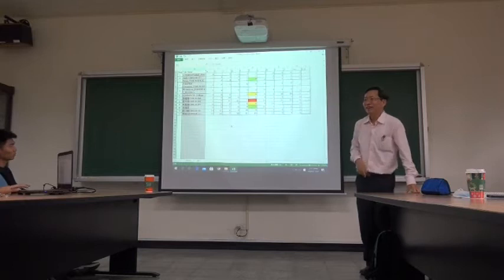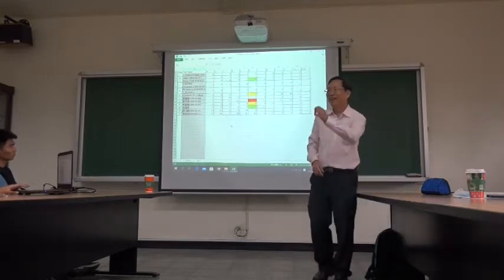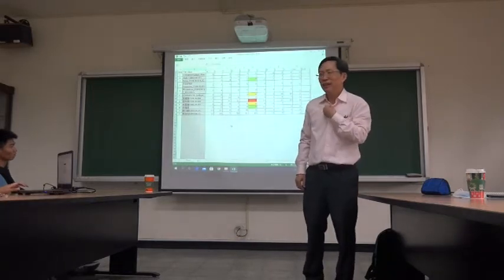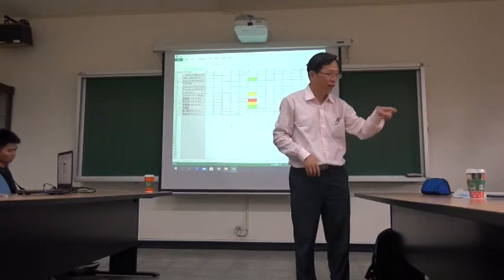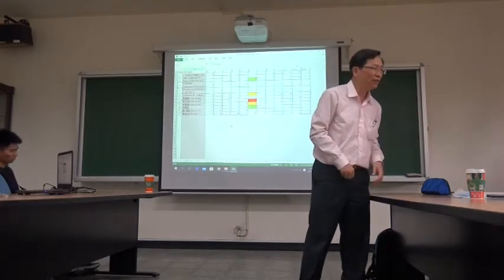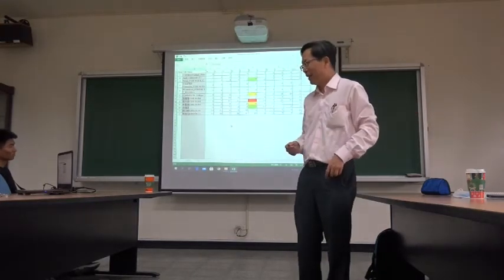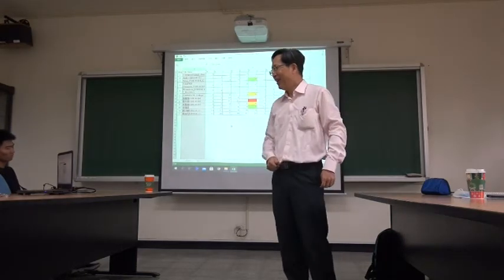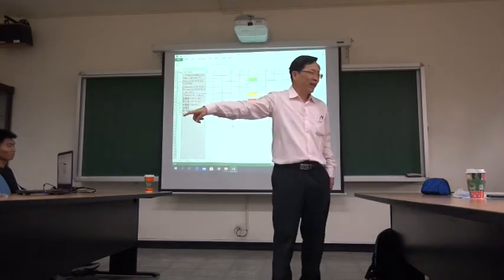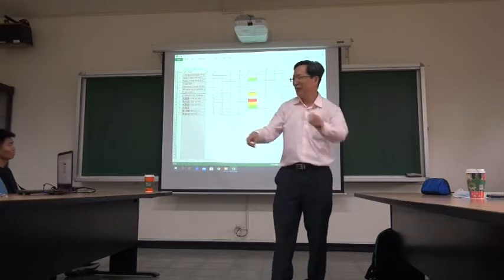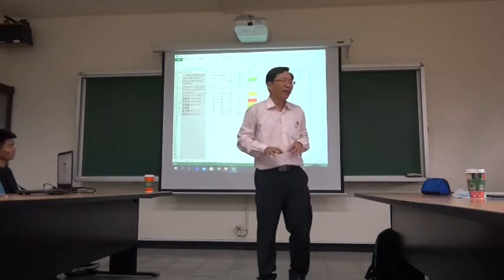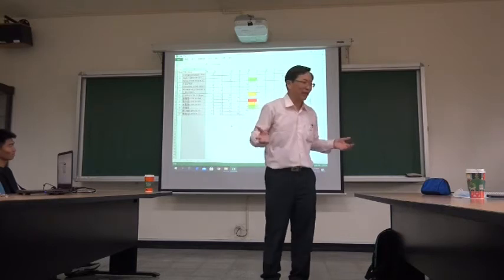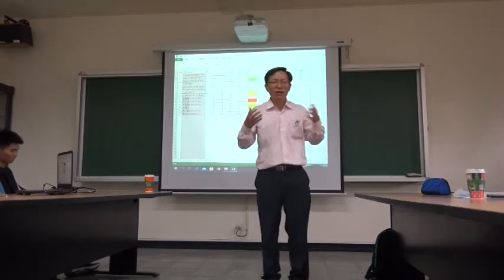Broken friendship? What's that? Yes, there's a friendship behind it. If you are my friend, I give you a higher score. He's the only Thai student, so he has no friendship, or nationality, national identity.